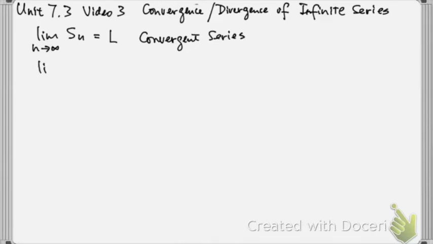On the other hand, if the limit does not exist, then we call that a divergent series.